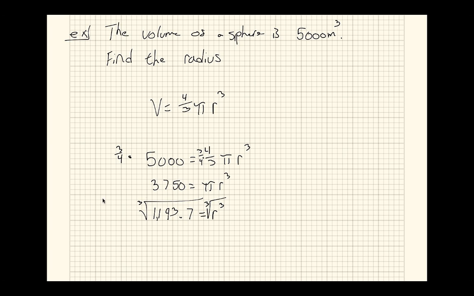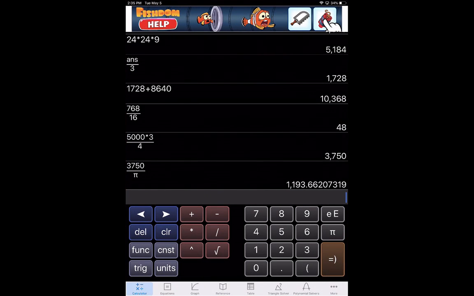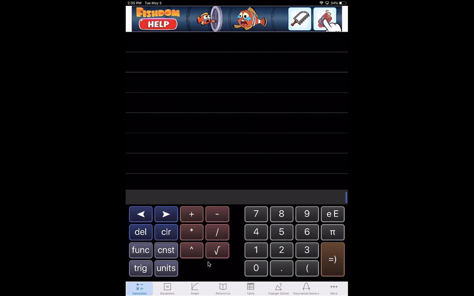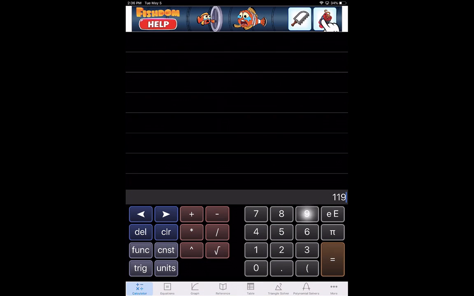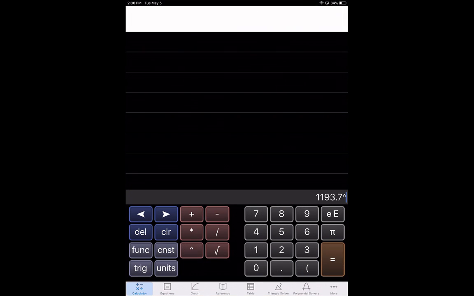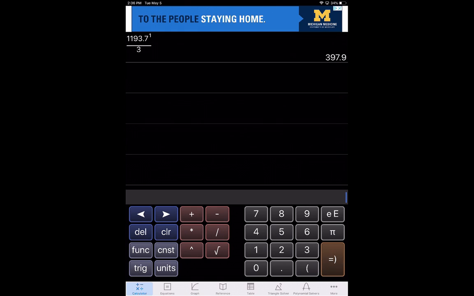So how do we take a cube root in a calculator? Because some of your calculators might not have that. One thing you can do, because this calculator, you can see I just have a square root, if you're trying to cube root a number, like 1193.7, another thing you could do is raise it to the 1/3 power.